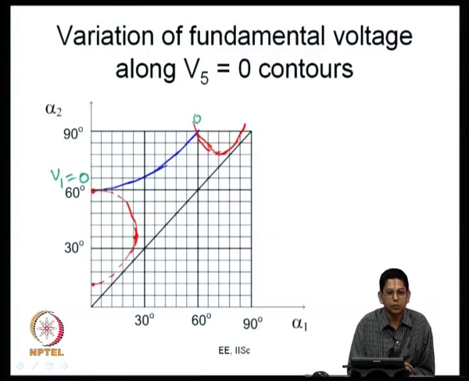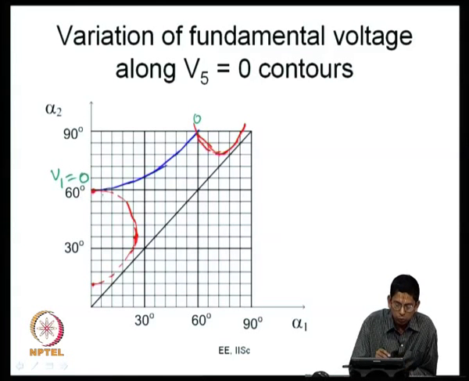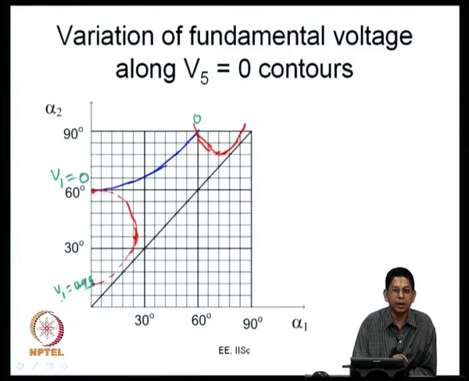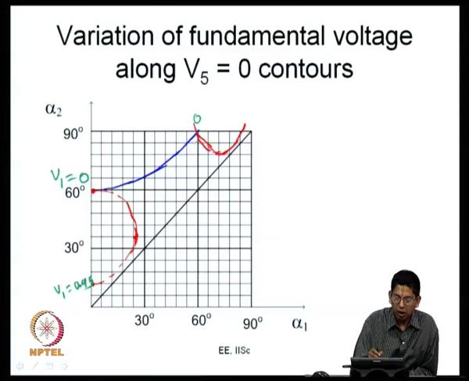V 1 is 0 here too. And as we move along this, V 1 actually goes on increasing. You see here V 1 will be something like 0.95 when you come to this point. Similarly, along this point if you start and move here, at this point V 1 will be something like 0.8.